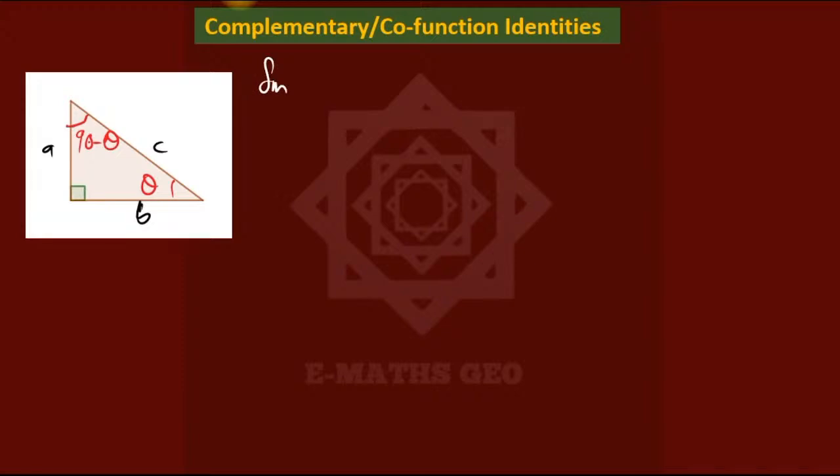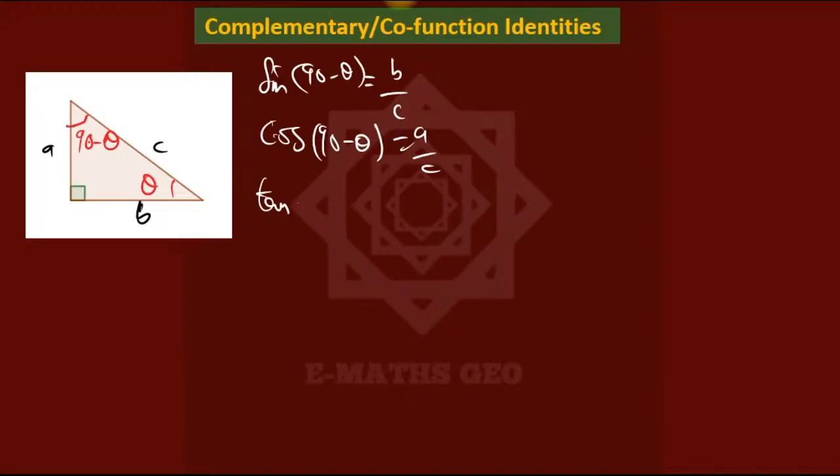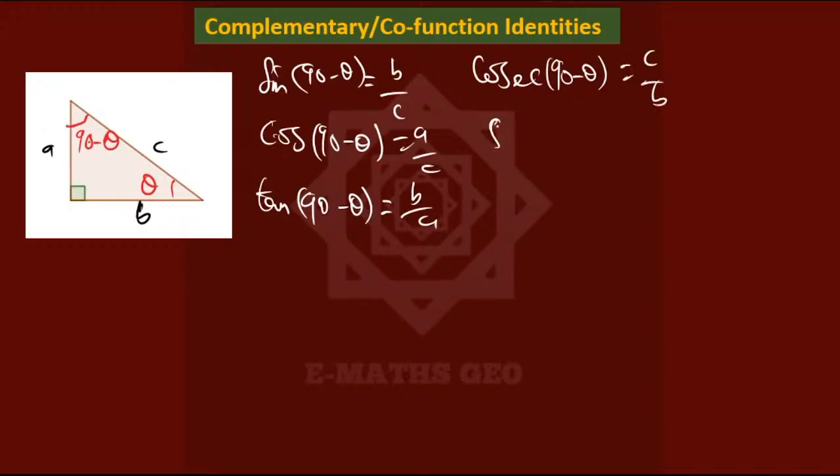So we have sine of 90 minus theta: opposite is now B and the hypotenuse is still C. So cos of 90 minus theta will now be A over C, tan of 90 minus theta is now B over A. Again, cosec of 90 minus theta will now be C over B, sec of 90 minus theta will be C over A, and cot of 90 minus theta will now be A over B.